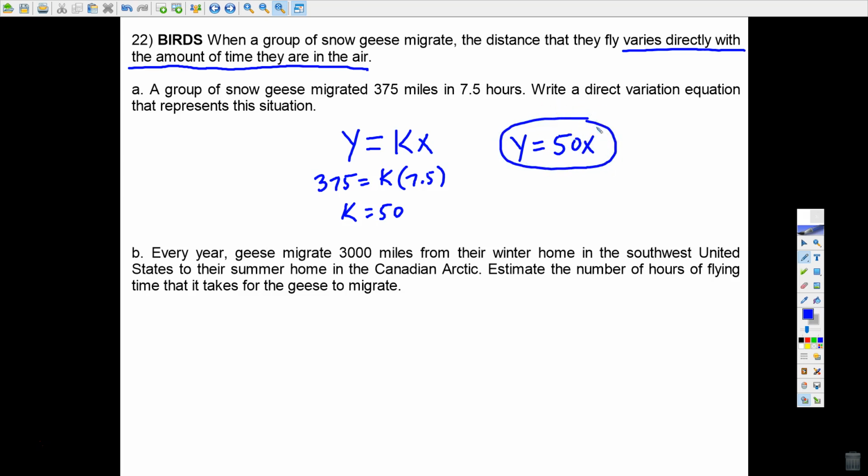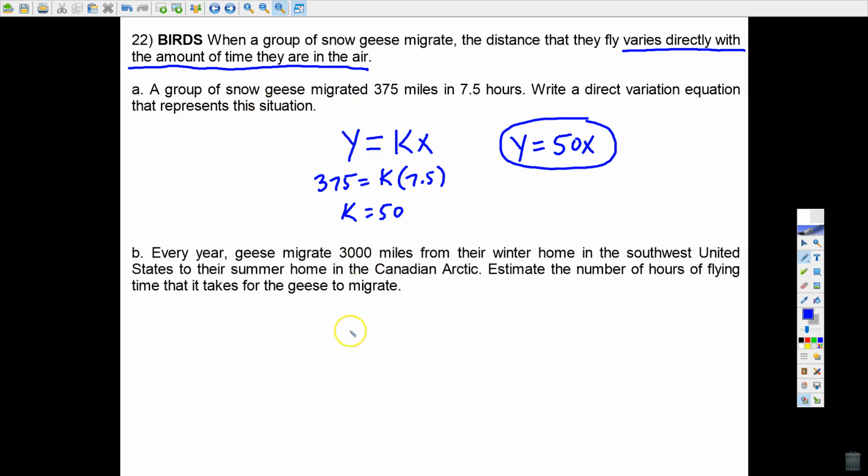All right, very good. And so let's take a look at letter B. Every year they migrate 3,000 miles from their winter home to their summer home in the Canadian Arctic. Estimate the number of hours of flying time that it takes for the geese to migrate. So the number of hours again is X, and they're going 3,000 miles.